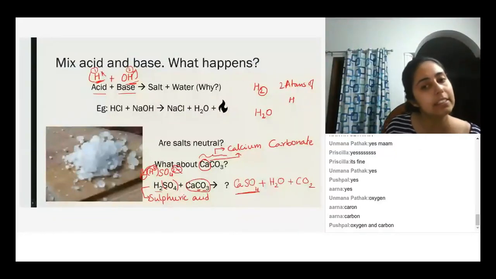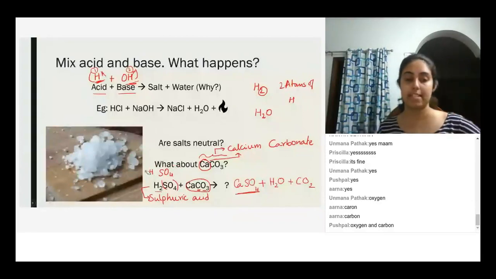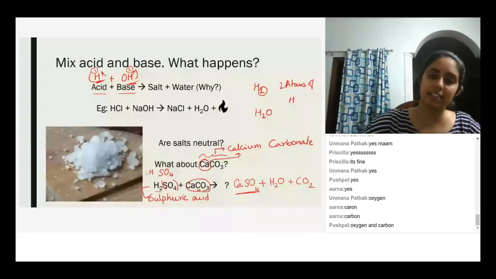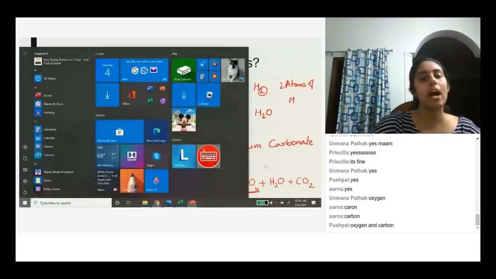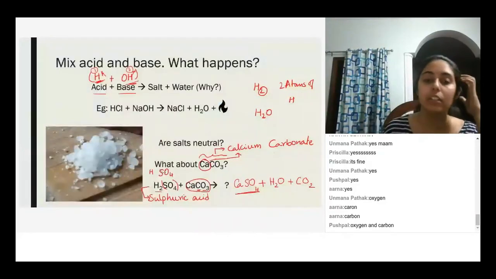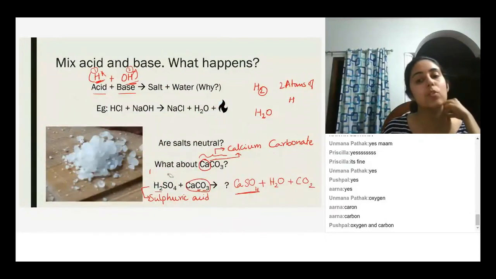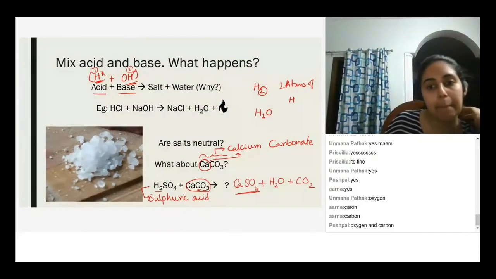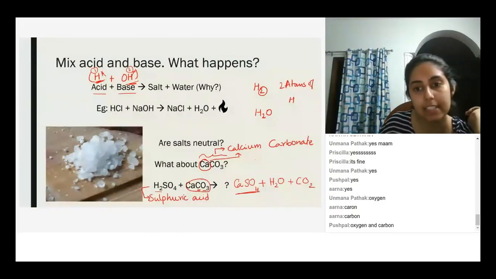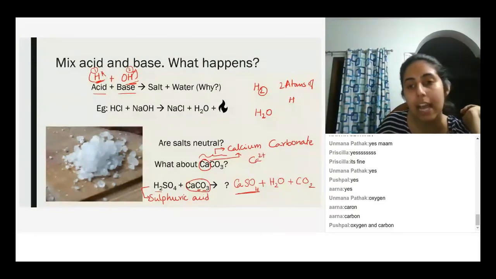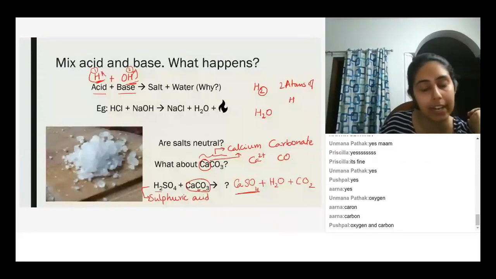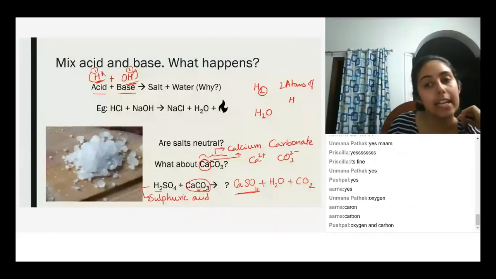Does that make sense? Ma'am, can you explain again? I didn't understand. Okay, I'm going to tell you again. What are the ions inside this H2SO4? For example, CaCO3 has Ca2 plus ion and CO3 2 minus ion, right?